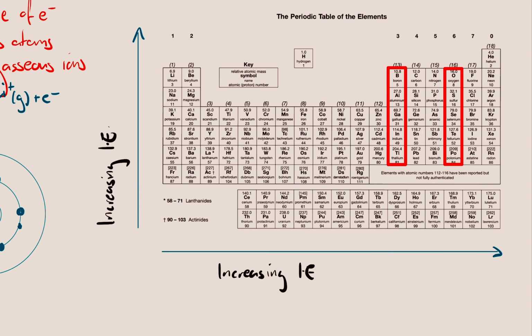And so as we move further down, the electron being removed is so far away from that positive nucleus that very little energy is required to remove that. So decreasing energy here as we go down, because as we go down the group, atomic radius increases, therefore less energy needed.